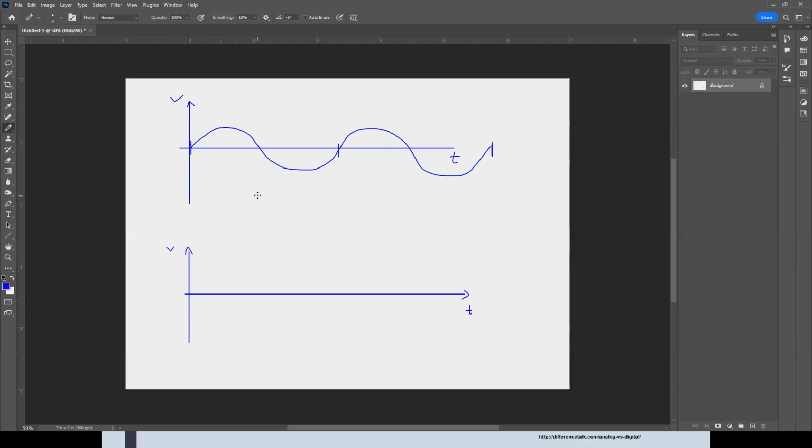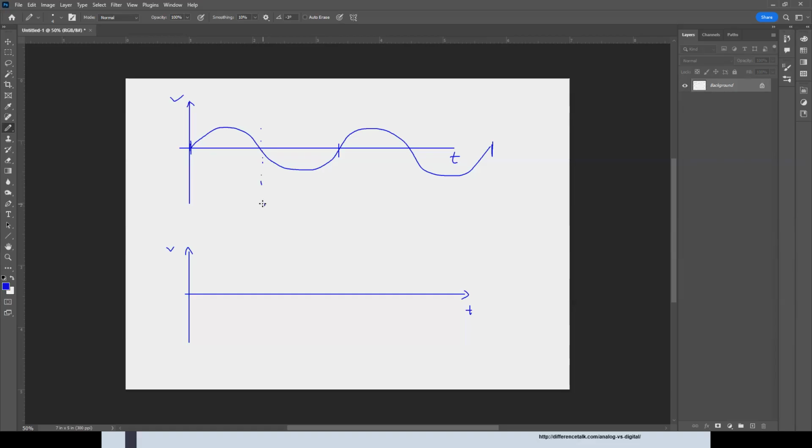Now, let's say we are going to sample this sine wave at a rate that is longer than, let's say, half of the cycle. This would be the half of the cycle here.